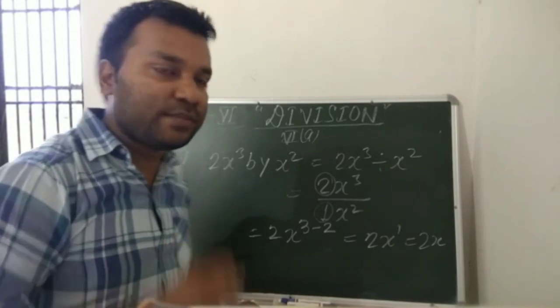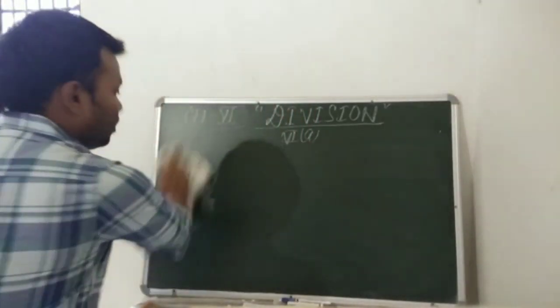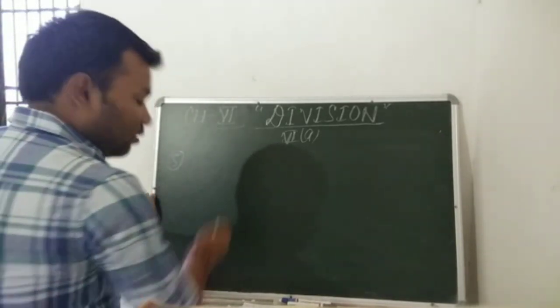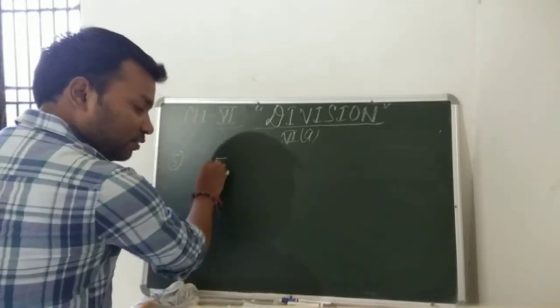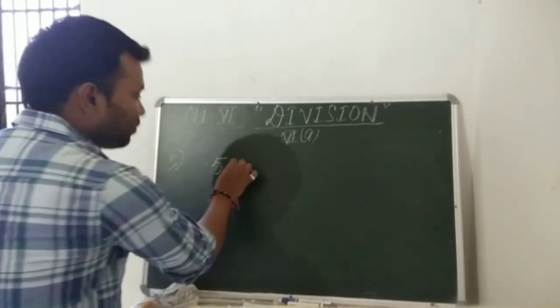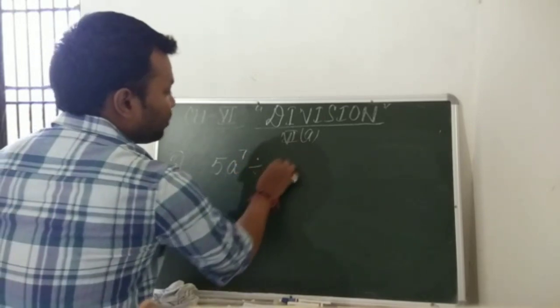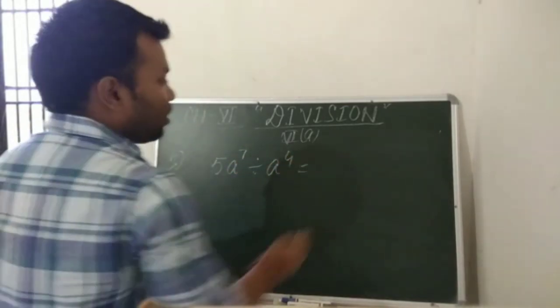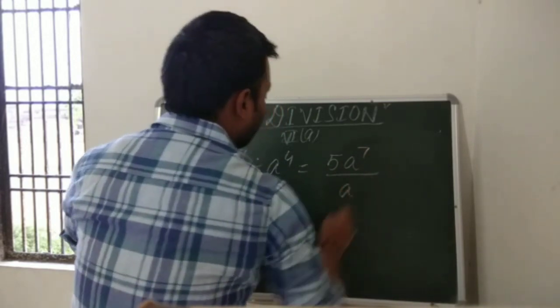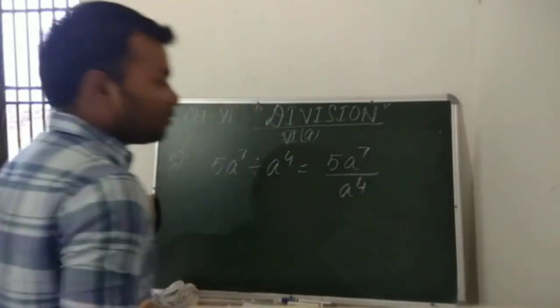Let's have some more examples. Let's try to solve question number 3, where we have to divide 5a to the power 7 by a to the power 4. Again, we can write this problem in the form of a fraction like this.